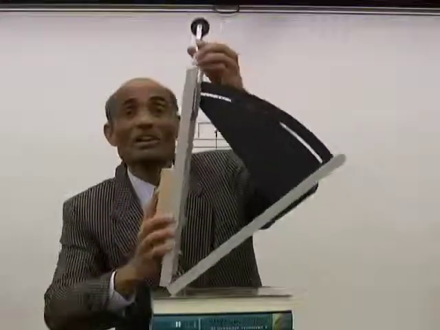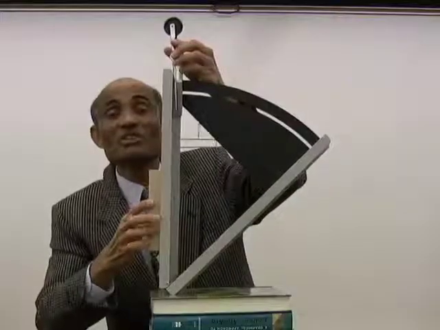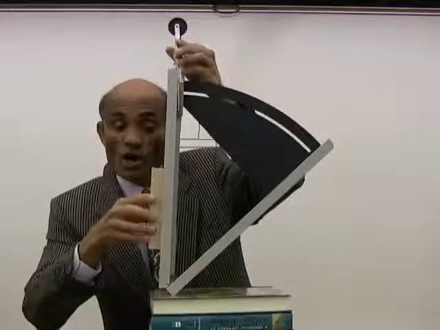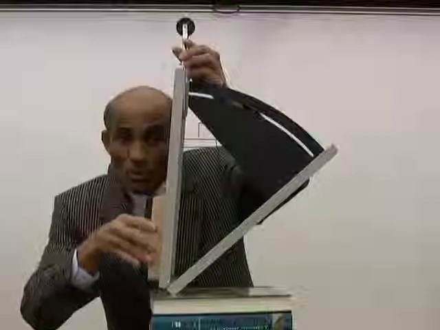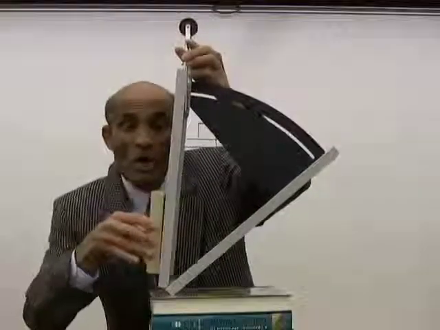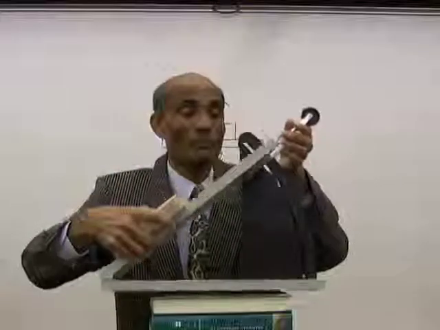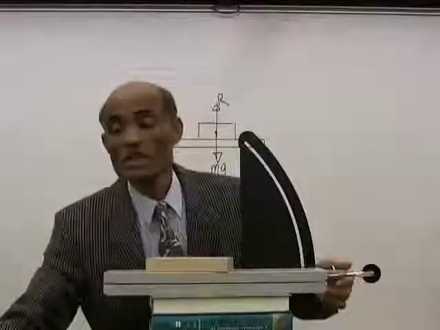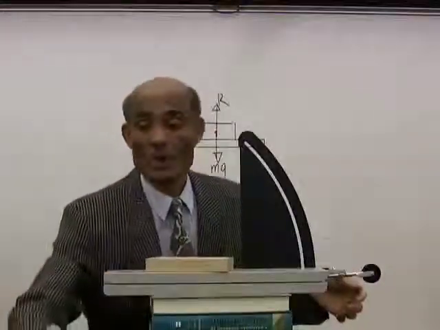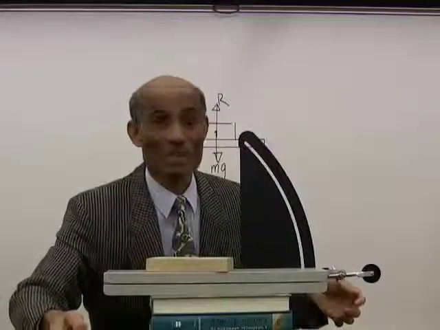And finally when the angle is 90 degrees, all of the weight is pulling it down the plane. There is no force pressing the two surfaces at all. Well, let's now put these things together and look at the theory of inclined plane.